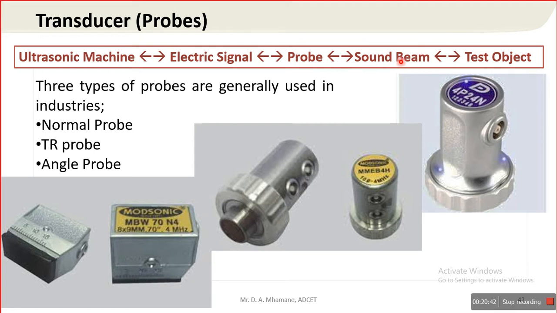That ultrasound pulse propagates into the material and gets reflected, it is received by the probe again, which converts that ultrasound pulse into an electrical signal, and that electrical signal is synchronized inside the ultrasonic machine, then that machine gives us the response. So this is the working principle, or we can say it is the path of inspection.